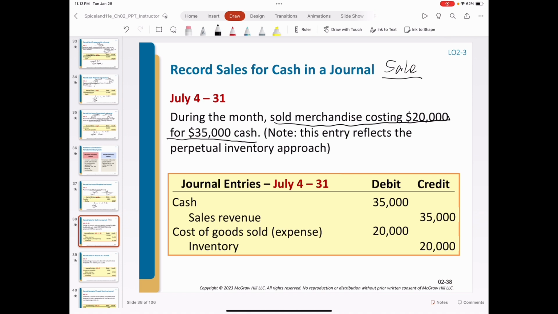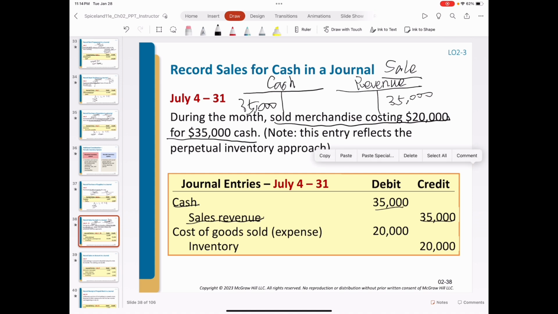According to the revenue recognition, we should recognize sales revenue. The company received the cash payment from the client, $35,000, while sales revenue increases $35,000. For the journal entry, we debit cash and credit sales revenue, $35,000. But that's not all.